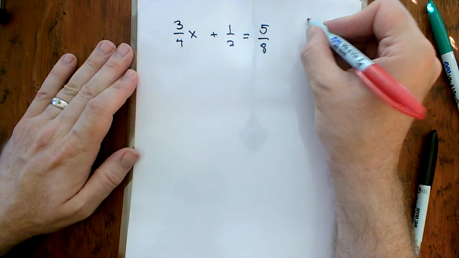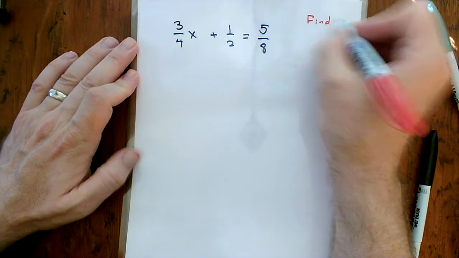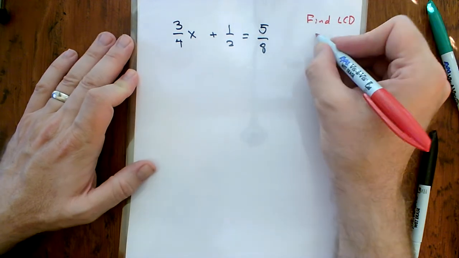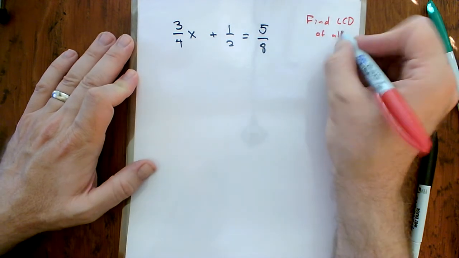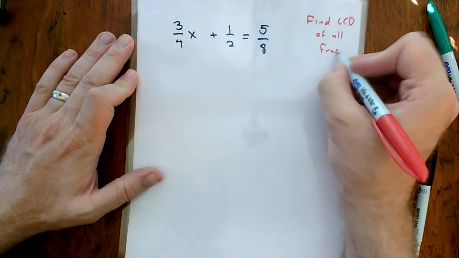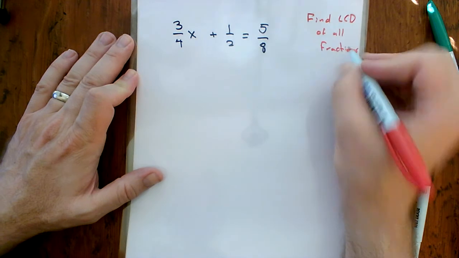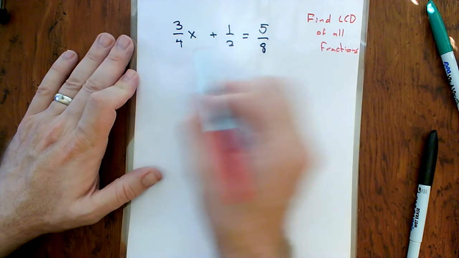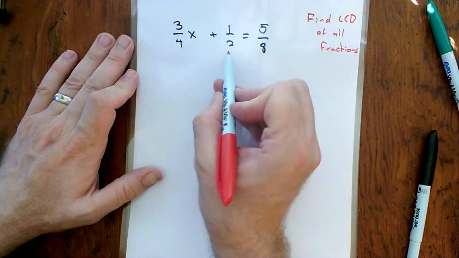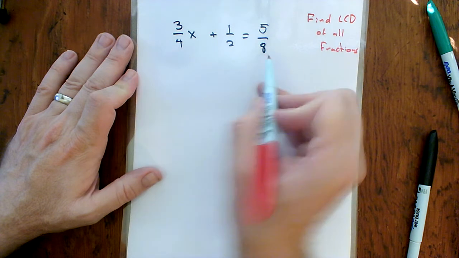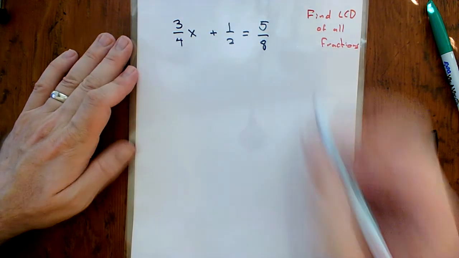So we're going to find the LCD of all of the fractions. And here I'd have to say it's going to be 8. Between 4 and 2 it would be 4. Between 4 and 8 it would be 8. So I'm just going to multiply both sides by 8.